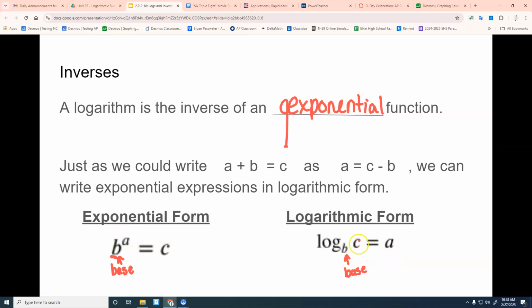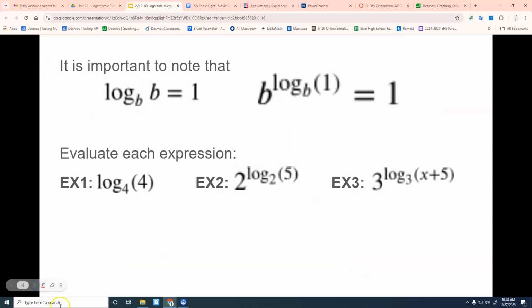Over here, c is going to be your value, and a, the exponent, goes over here. So you can just remember where everything goes in that formula. But the way I like to think about it is as an inverse.